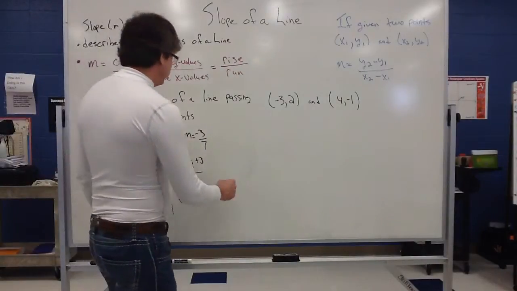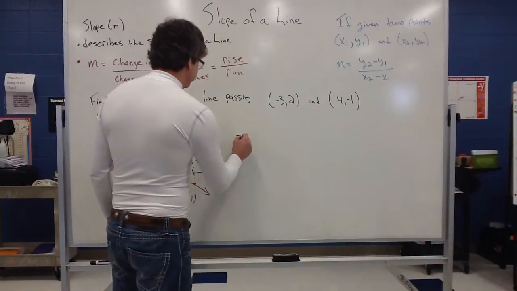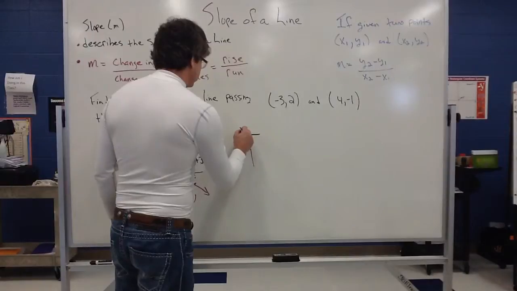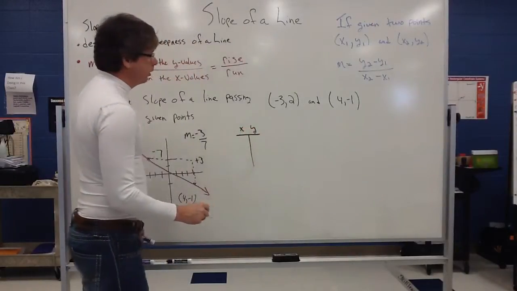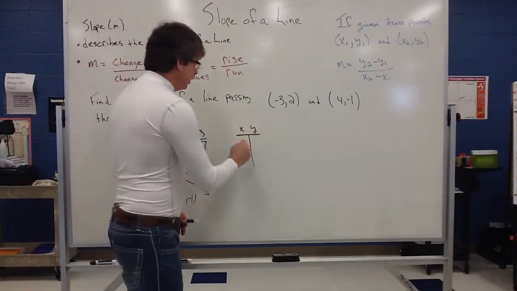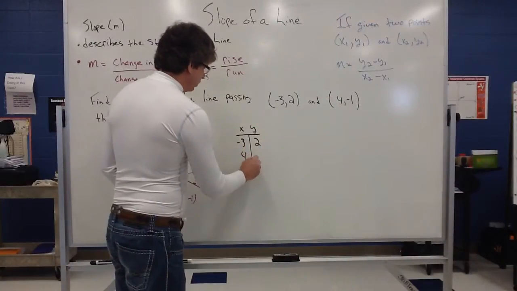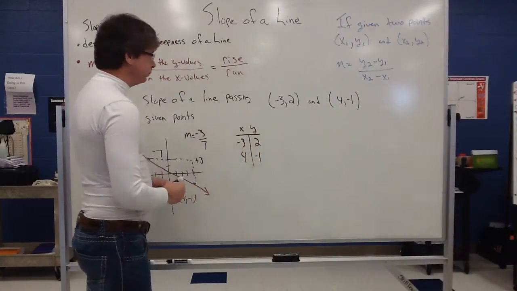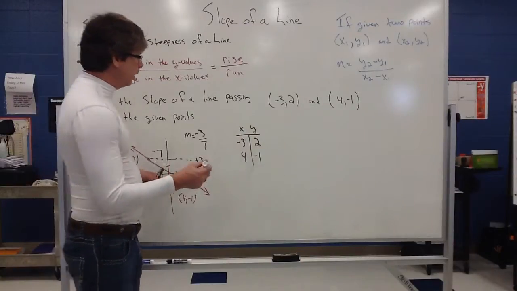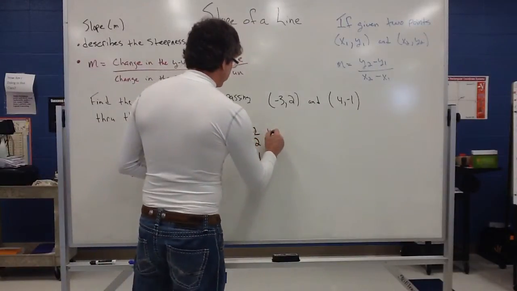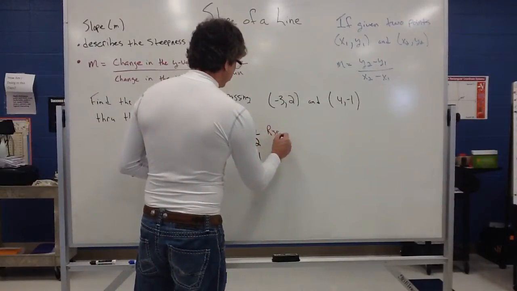Another way you can do this is make a table. Sometimes I can see things better in the form of a table. So I have (-3, 2) and (4, -1). So again, my slope is the rise over the run.